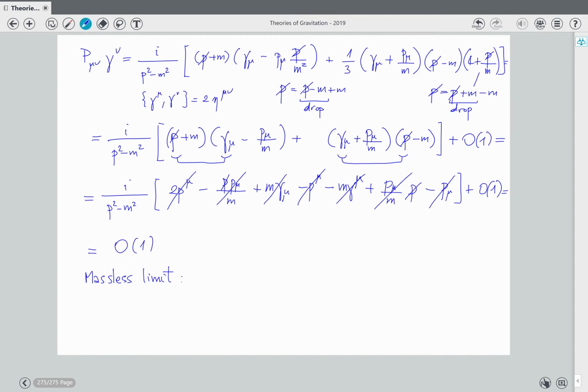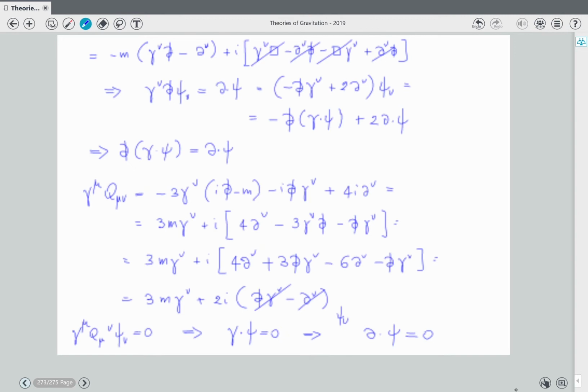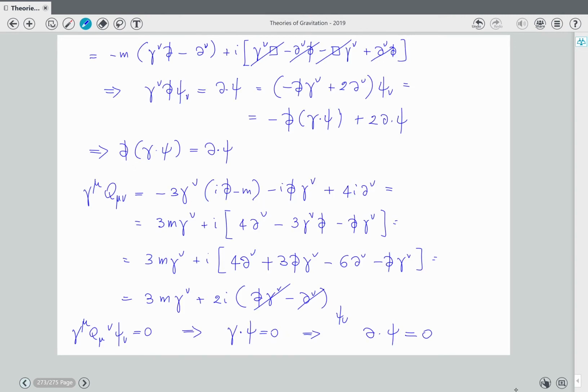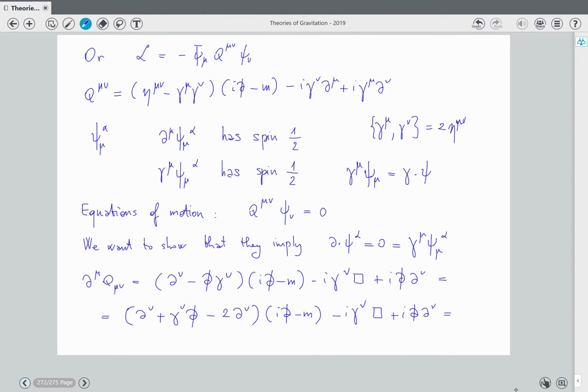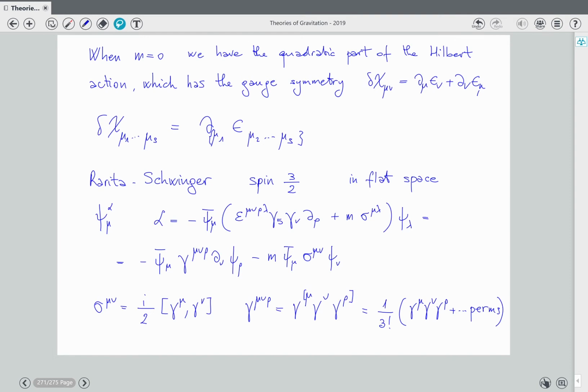Massless limit is the one where you gain a gauge freedom, basically. So we can use this form here.